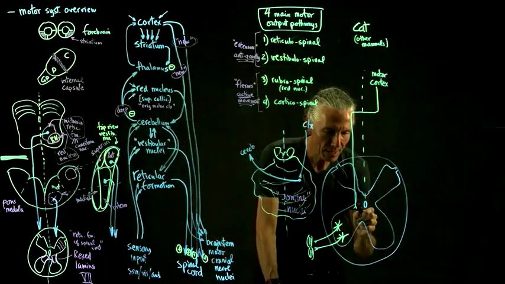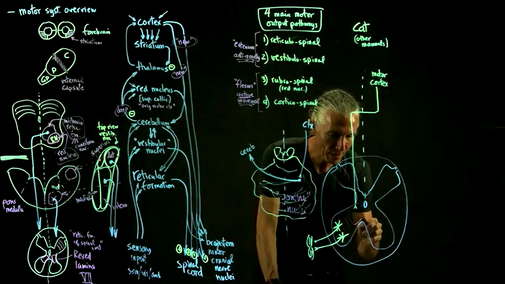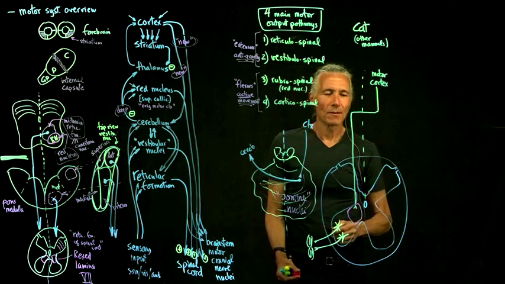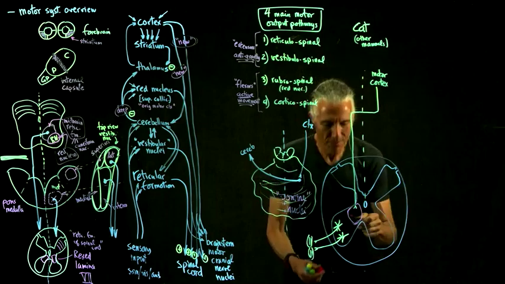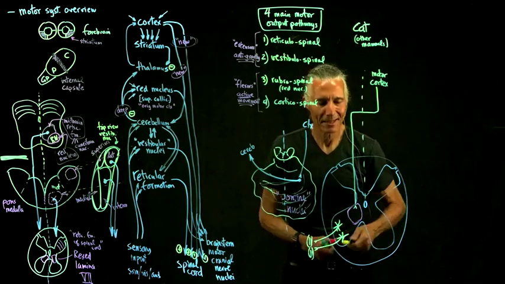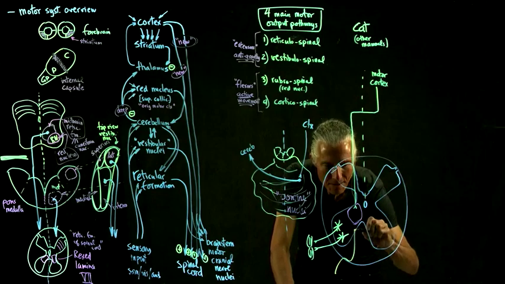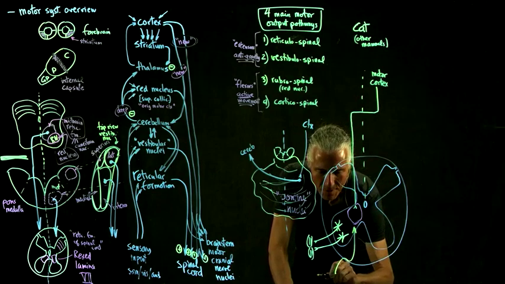They synapse in this area, and that's basically where the pattern generators are. So you can think of these as pattern generators.